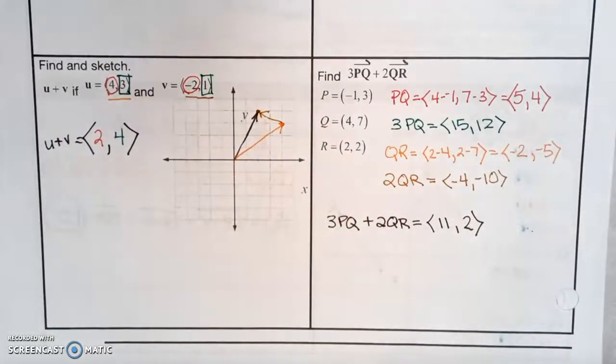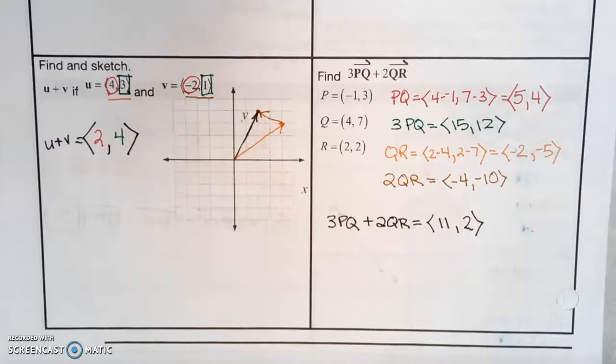All right, now let's try some adding and subtracting. In the left box on the bottom, it says find and sketch what happens if you add vector u plus vector v. We're going to take the first vector, which is 4, 3, and add it to the second vector, which is negative 2, 1. We add the 4 and the negative 2 to get 2. We add the 3 and the 1 to get 4.